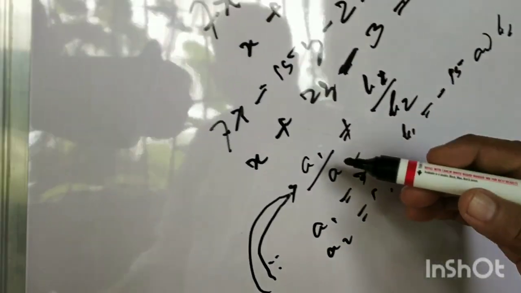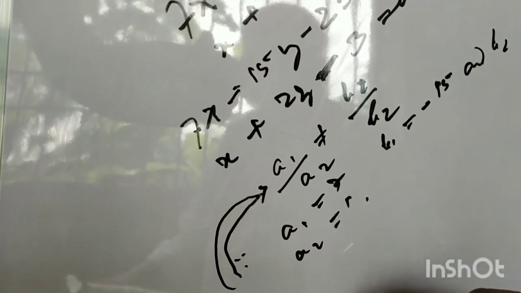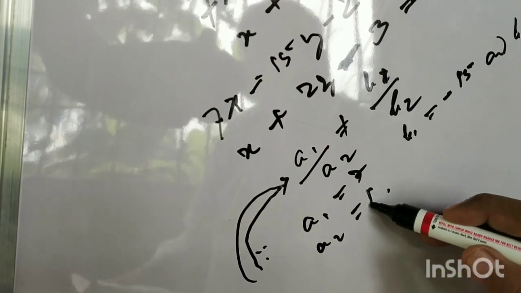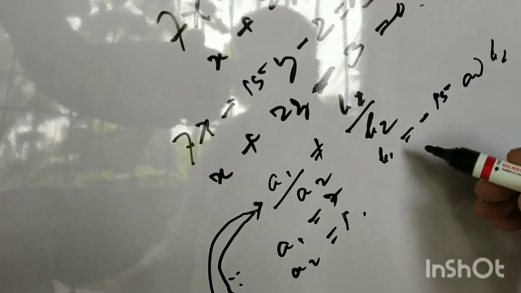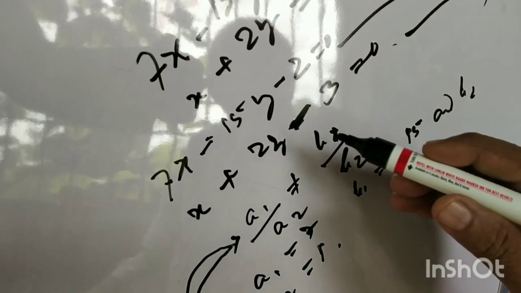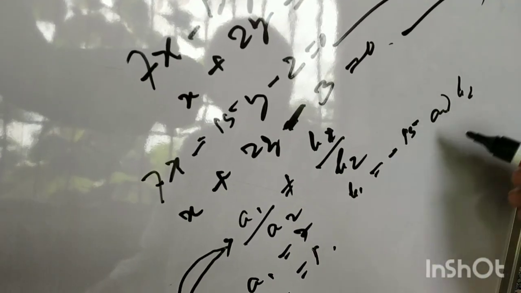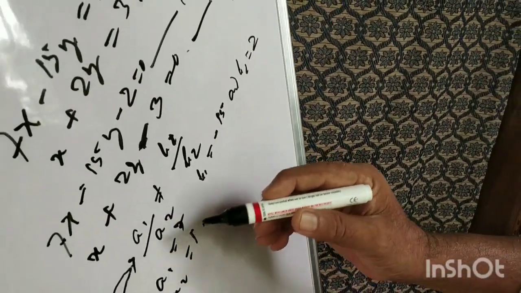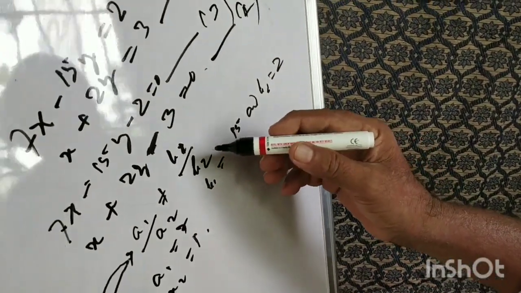Here, you see, A1 is equal to 7, A2 is equal to 1, B1 is equal to minus 15, and B2 is equal to 2. So, A1 upon A2 is not equal to B1 upon B2.